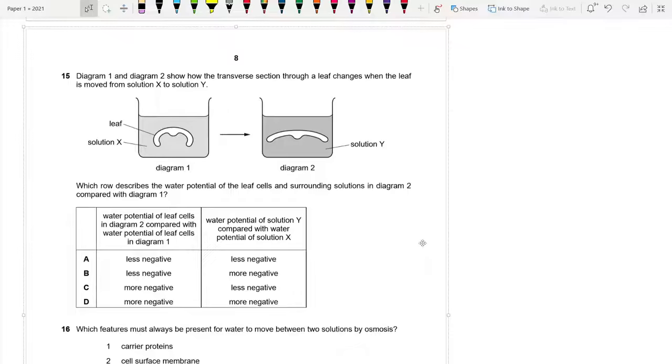Water potential of these cells in diagram 2 compared to water potential of these cells in diagram 1. Water potential of solution Y compared to water potential of solution X.